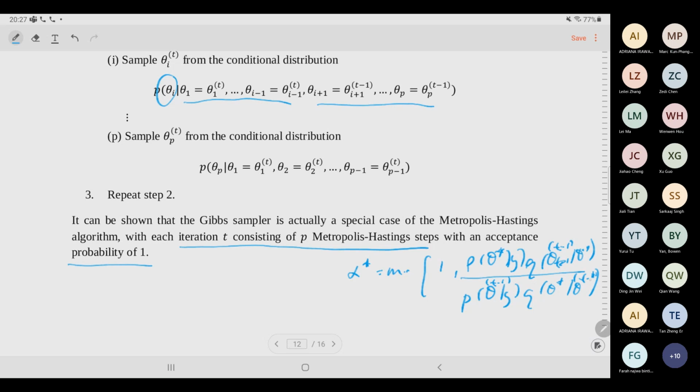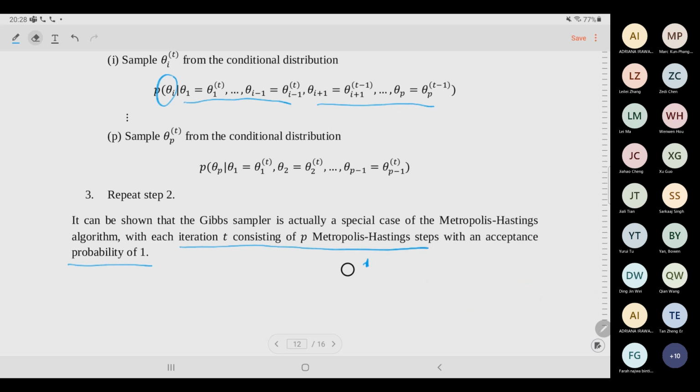Maybe I have to just write the part. If you look at this ratio from the Metropolis testing, if you put in your proposal, then your proposal is actually the conditional distribution.